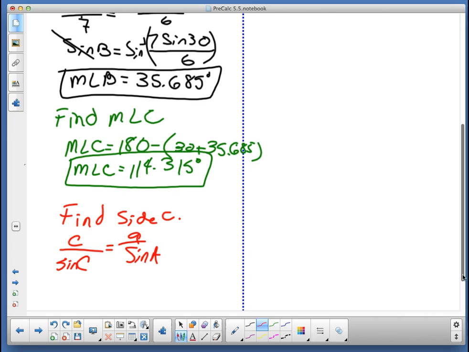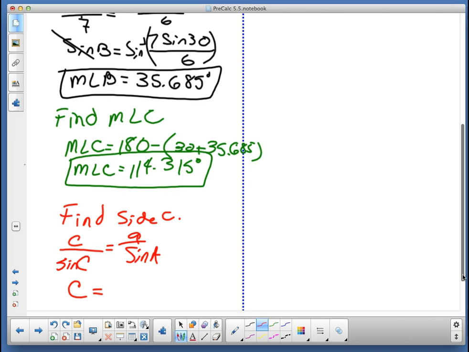Okay, now remember capital A is 30, and the small a is 6, and I'm going to put in C, and I'm multiplying by the sine of C across.